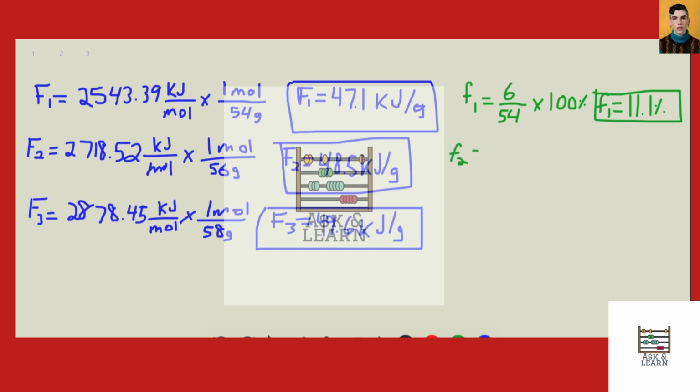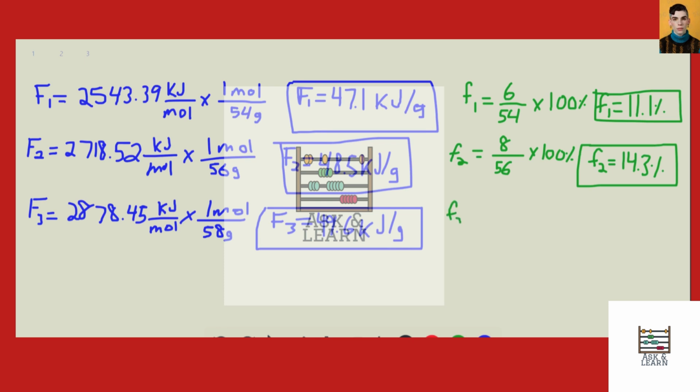F2 is going to be 8 divided by 56 times 100%, which is 14.3%.